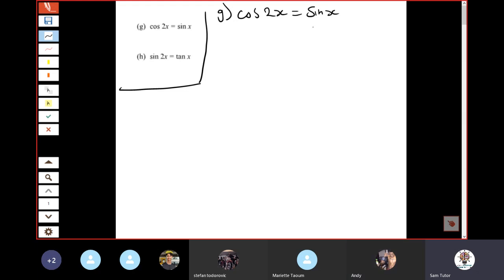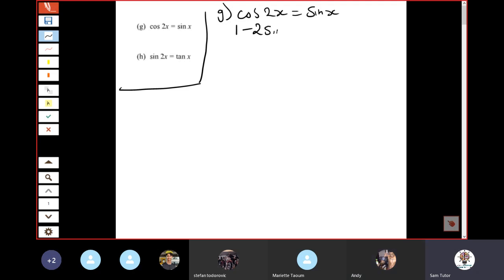So we're not going to choose cos squared minus sine squared. And we're not going to choose 2 cos squared x minus 1. There's only one more left. It starts with a 1. One minus 2 sine squared.